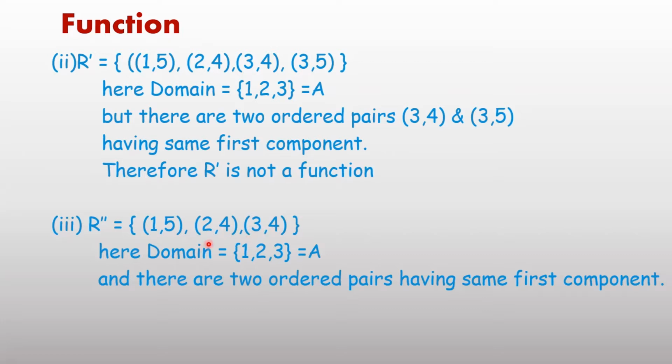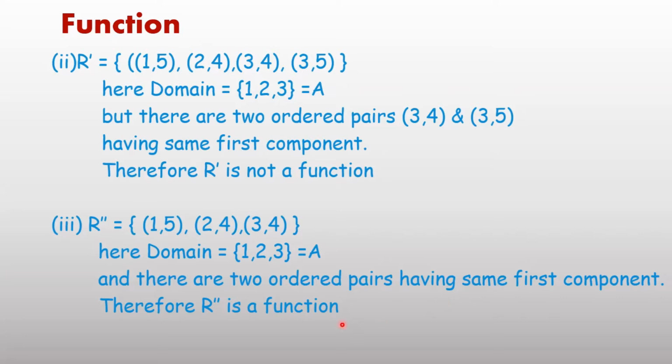One more thing, remember, second element may be repeated, that's no problem. The condition, remember, is that the first component should not be repeated. First component 1 is not repeated anywhere, 2 not repeated, 3 not repeated, means there are no two ordered pairs having the same first component. Now we can say it is a function.